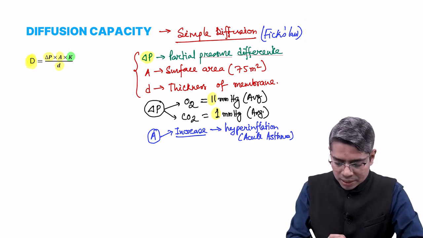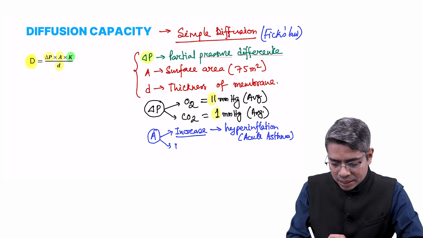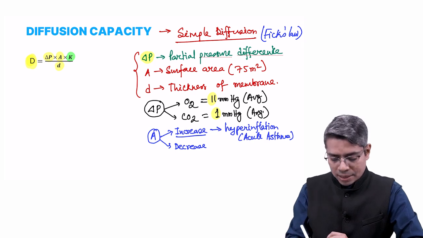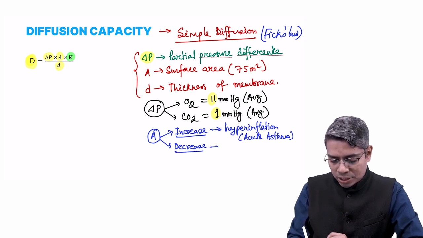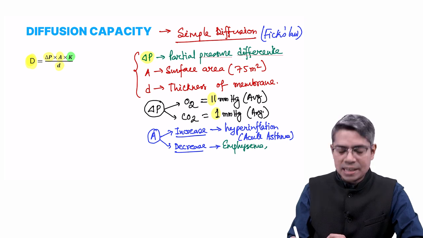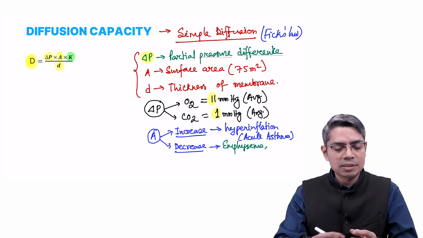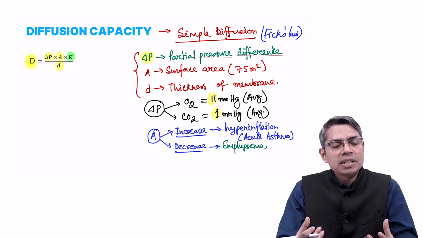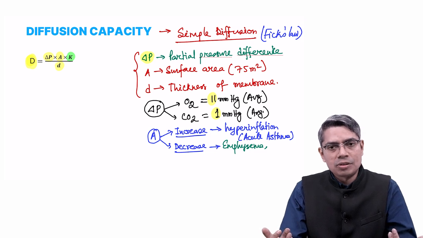But in most cases, the important thing is that there are certain conditions where this diffusion surface area, the A, decreases. So decreased surface area for diffusion is seen in many diseases. The typical example is emphysema, because we have already explained multiple times that in emphysema, some of the alveoli get ruptured. So if there is rupture of certain alveoli, type 1 pneumocytes are going to be destroyed and diffusion is not going to happen.